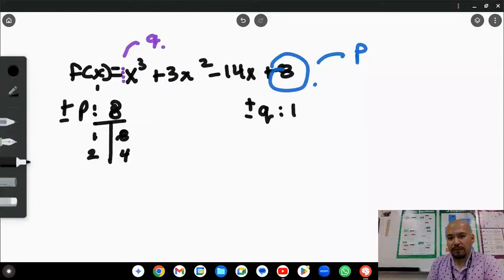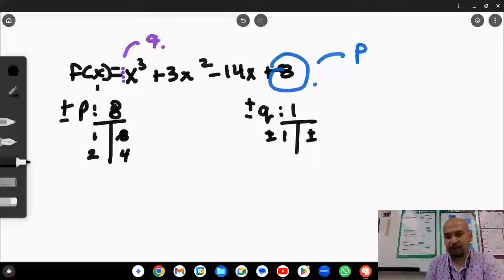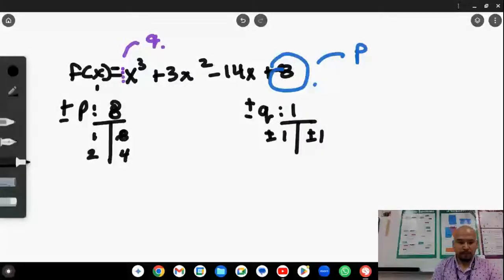In this case, we have a 1, which is pretty easy because the factors are just 1 and 1. So when you use the rational root theorem, remember, we use plus and minus p over q. And I forgot to put the plus and minus here, so just FYI, they're supposed to have plus and minus.